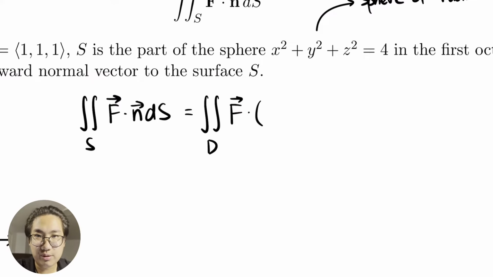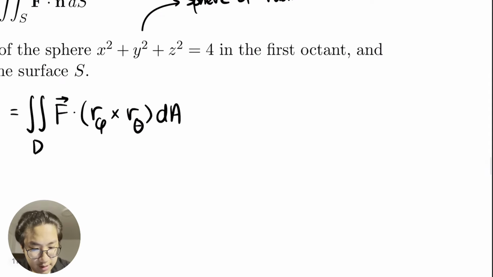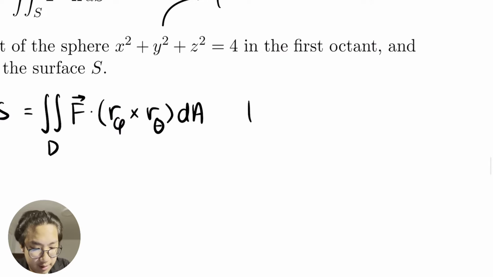We're basically going to eventually use phi and theta instead, so spherical coordinates. So we have r sub phi, or the partial derivative of r with respect to phi, and we're crossing this with r sub theta. And then dA. So D is simply the parameter domain.